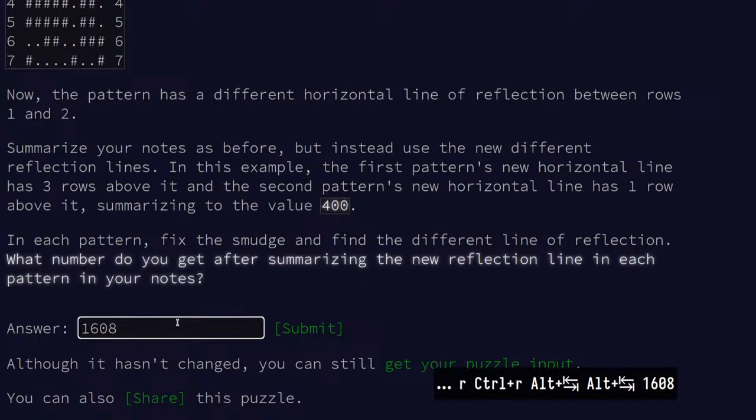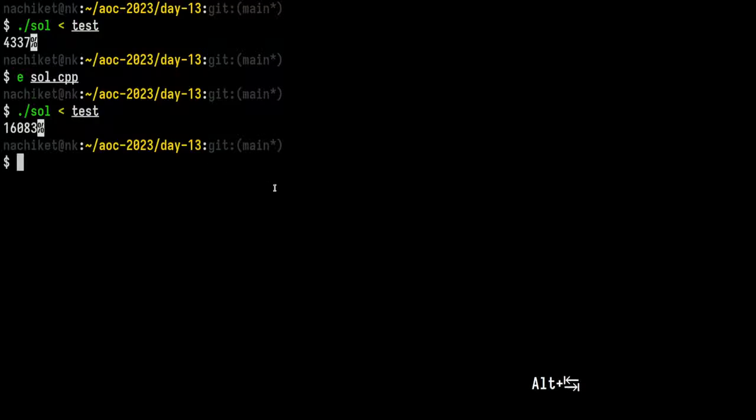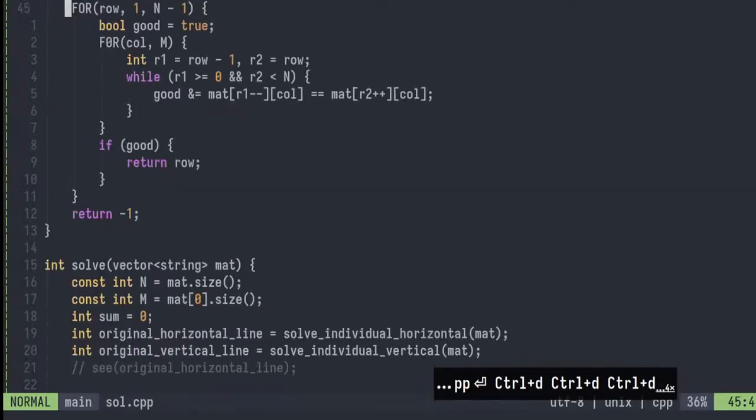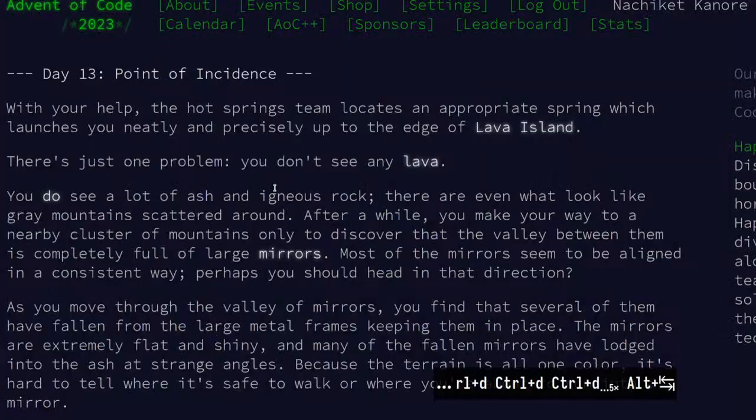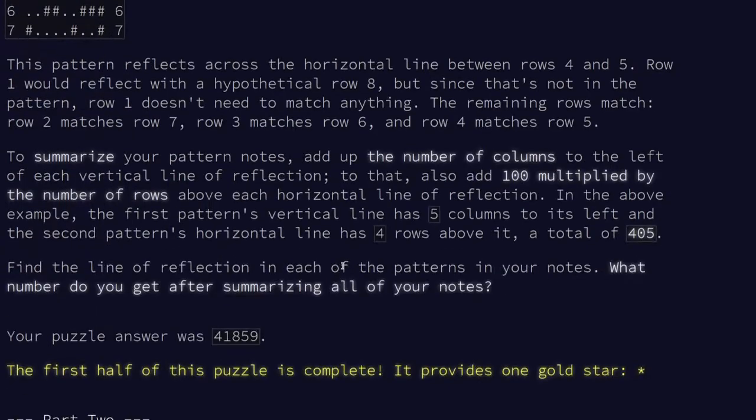This would give me an error, but let's see. And this time it didn't find anything about not found, right? They haven't given anything about the vertical thing.